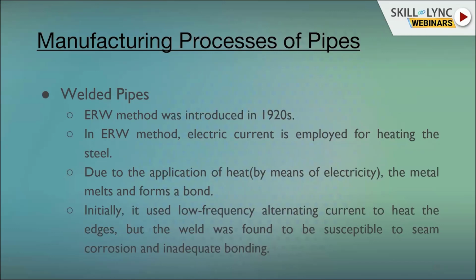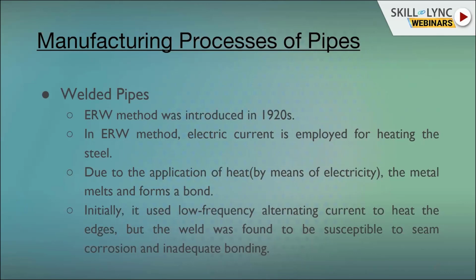So we will talk about the welded pipes only. The ERW method was introduced in the 1920s. Actually, resistance welding was used much earlier than the 1920s. In the ERW method, electric current is employed for heating the steel.